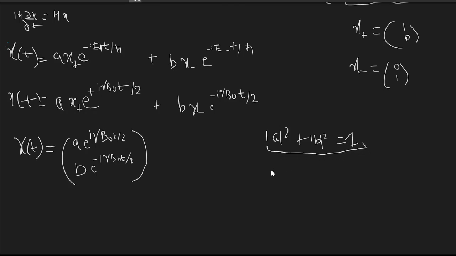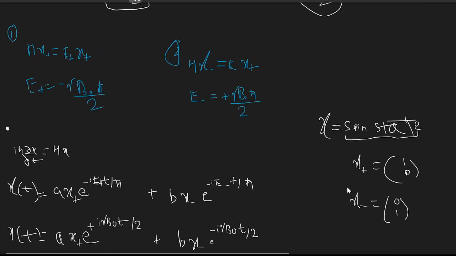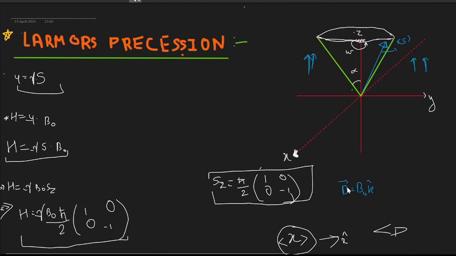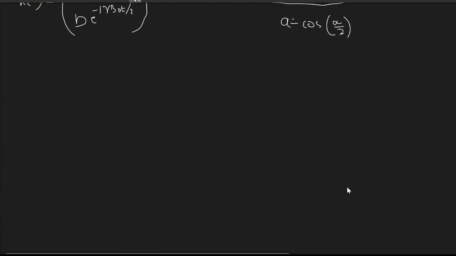I'm going to write what it should be. The value of A which you will yield in this scenario will be cos alpha by 2. Now you are seeing the significance of that particular alpha, where I have discussed that alpha is just the inclination from the z axis of the spinning of this electron.